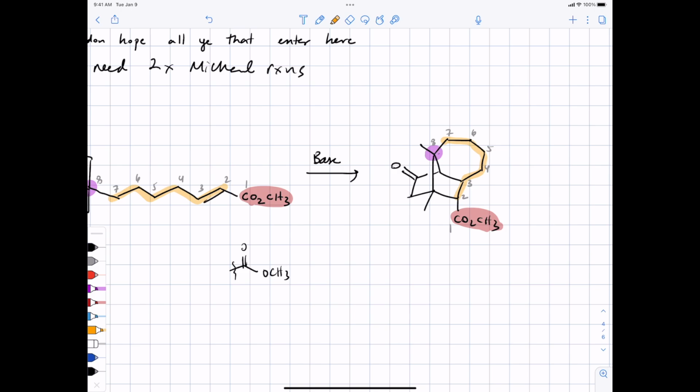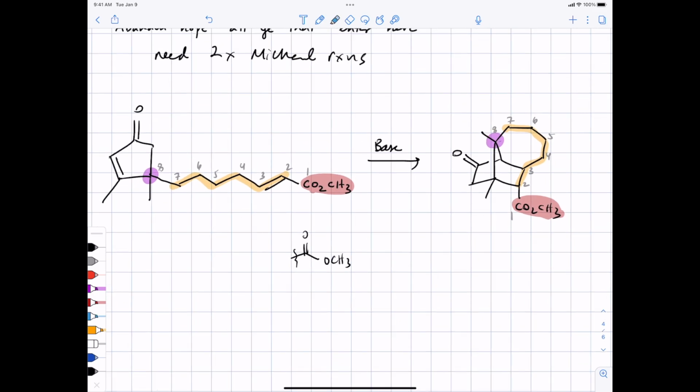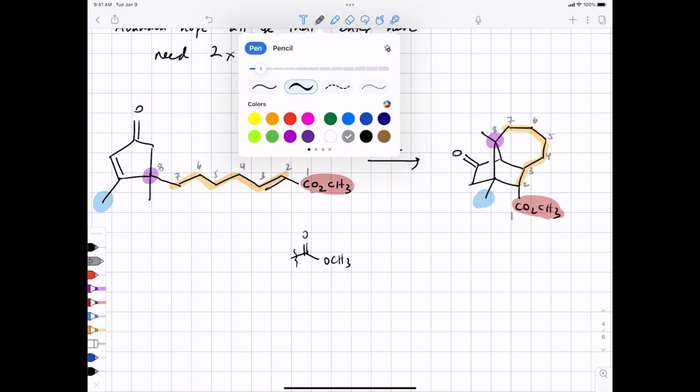So now let's see. I've got a methyl group here in blue. And if I'm going to let this purple one be 8, the quaternary carbon, then the only other methyl group I've got is here. And I also have a ketone, which I'm sorry, I apologize to red-green colorblind people.